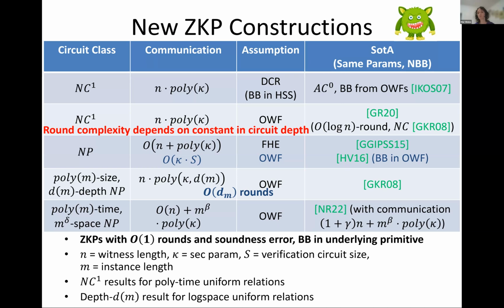But what we do is we show that we can get their result as a special case of our paradigm. And the second comment is that we give a black box alternative to a recent zero-knowledge proof of Nassar and Rothblum here. And we do pay a little bit for the black box because we get a constant here, which is slightly over 2, and they can go down very close to 1.